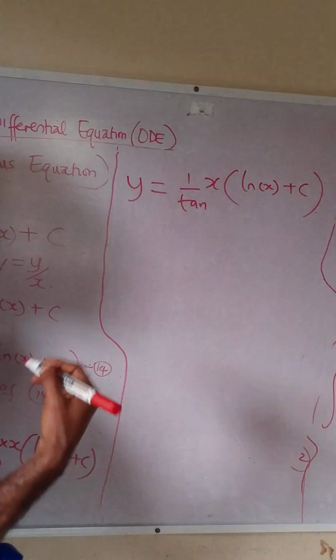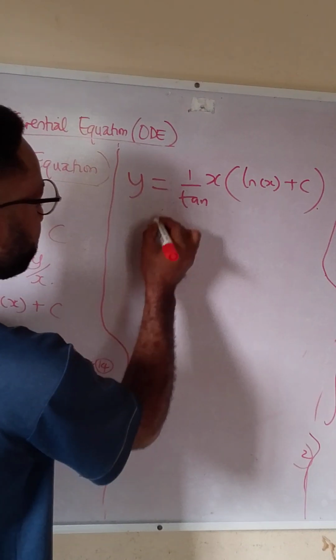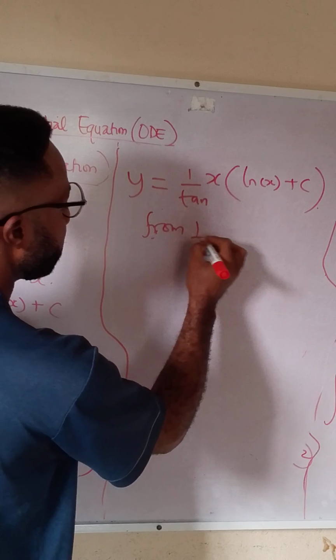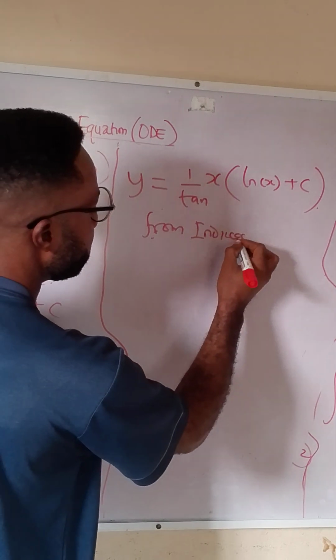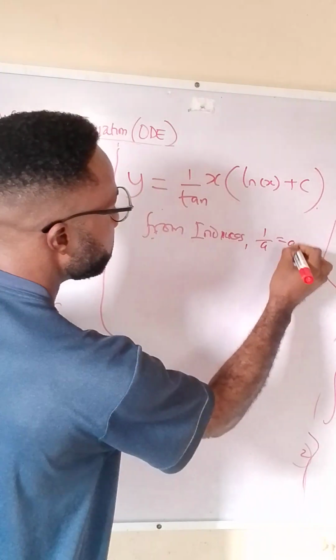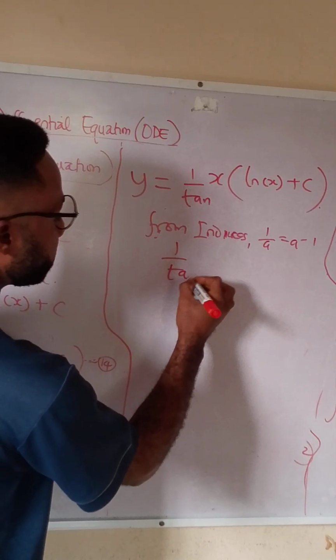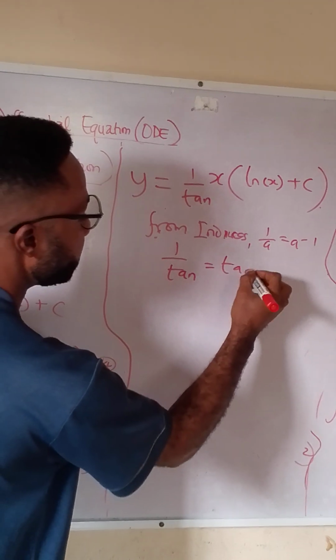Now we know that from indices, 1 over a is equal to a raised to power minus 1. Therefore 1 over tan will be equal to tan inverse.